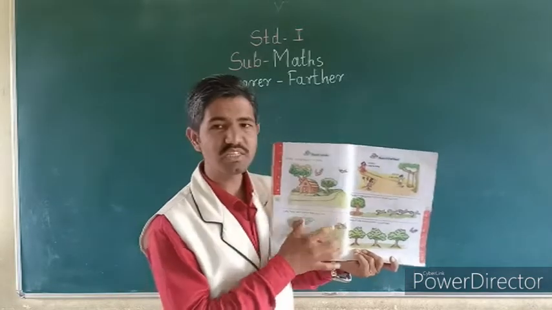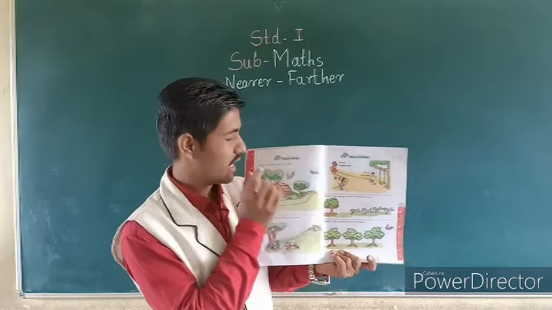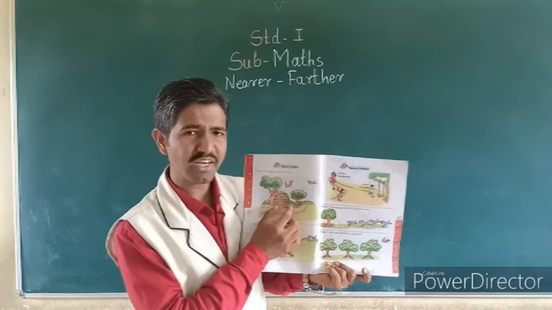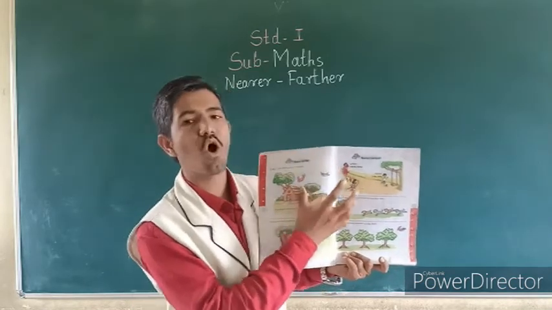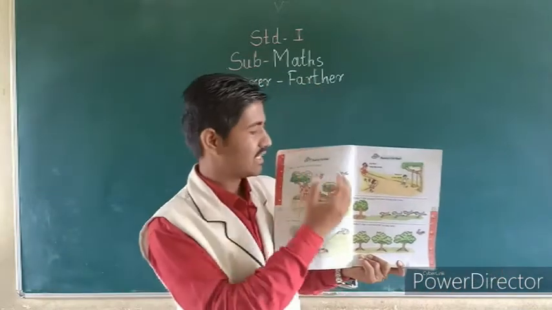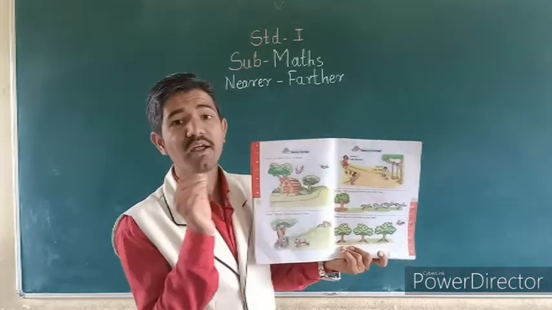Which color bird is nearer to the home? This pink bird is nearer to the home. Is this yellow bird nearer to the home? Yes or no? No, because this is a long distance from the home. That's why this is called farther and this is called nearer.